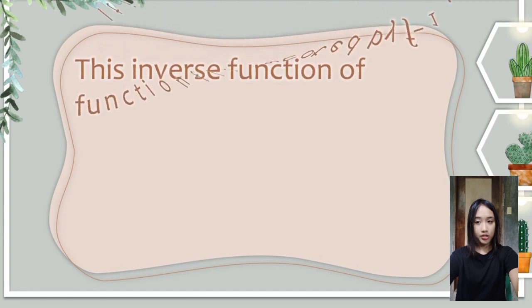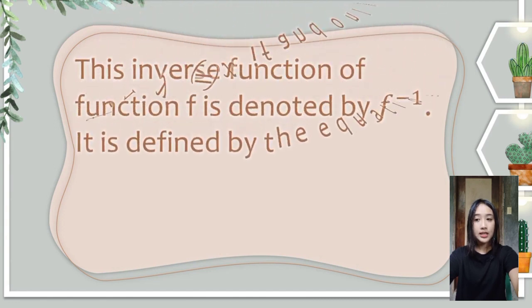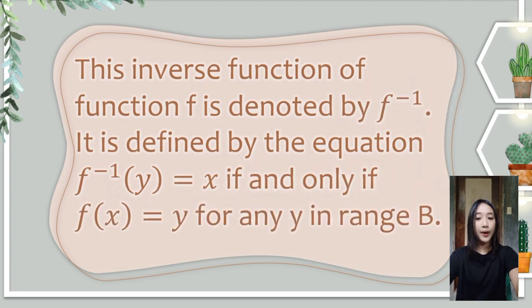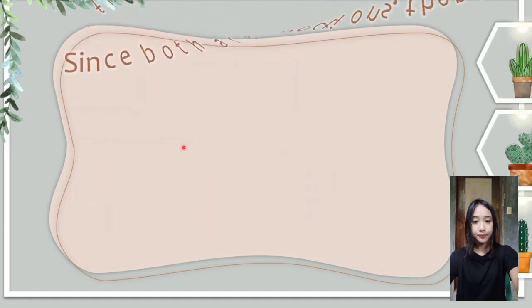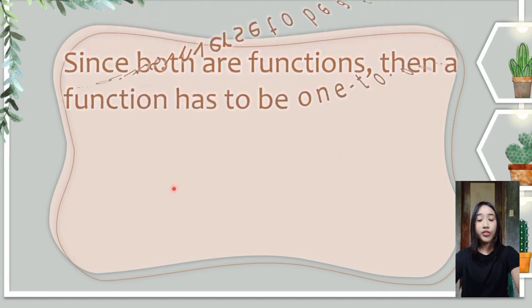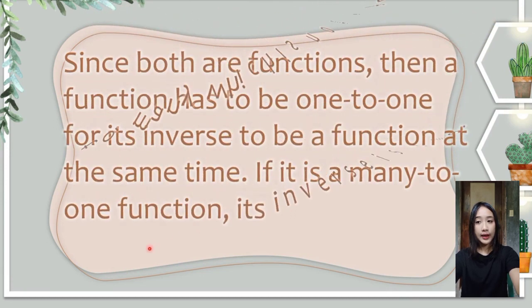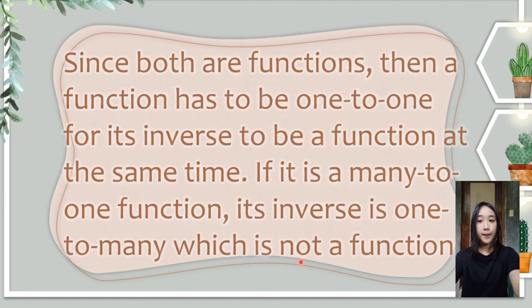This inverse function of a function f is denoted by f raised to negative 1. It is defined by the equation f raised to negative 1 of y is equal to x if and only if f of x is equal to y for any y in range B. Since both are functions, a function has to be one-to-one for its inverse to be a function at the same time.